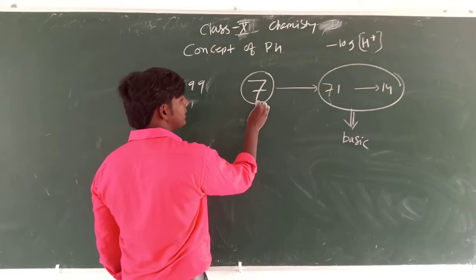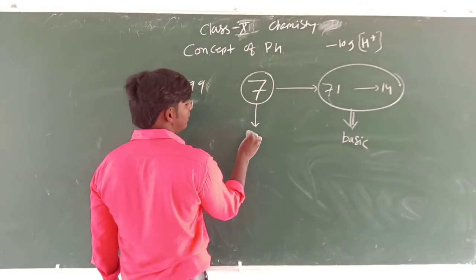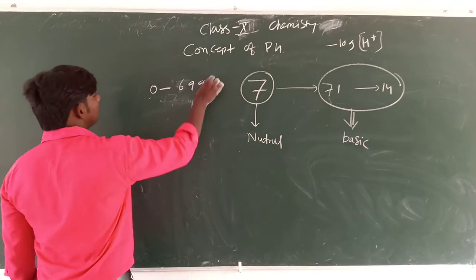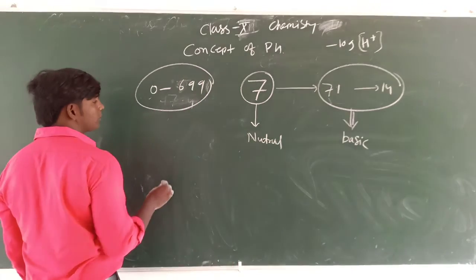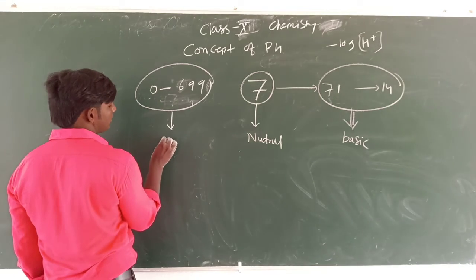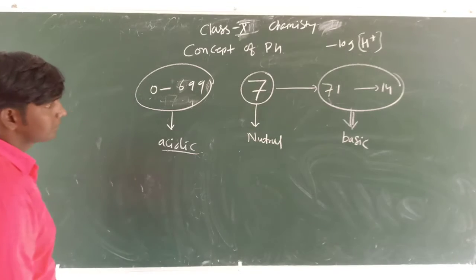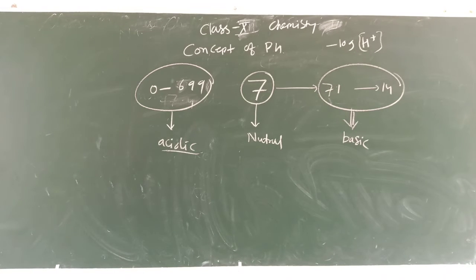If I have pH equal to 7, this is called neutral. If I have pH between 0 to 6.99, the solution becomes acidic, okay.